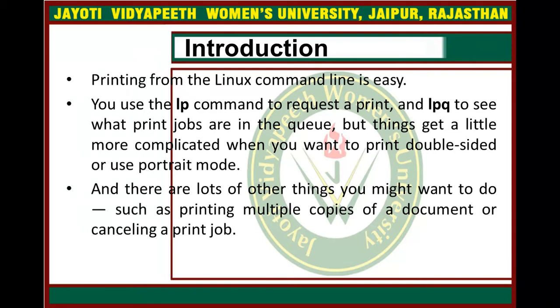Now come to the introduction. Printing from the Linux command line is easy, and you can use the command lp to request a print, and lpq to see what print jobs are in the queue. Like if you want to see the number of jobs in the queue, then you have to use lpq, q for queue.